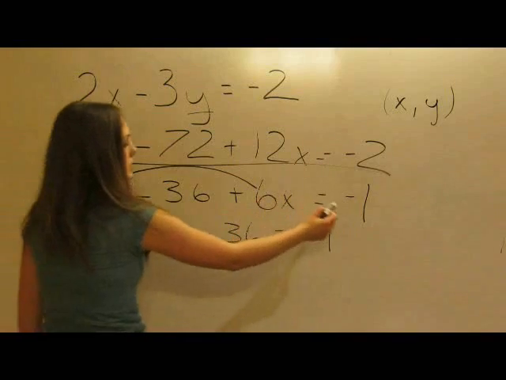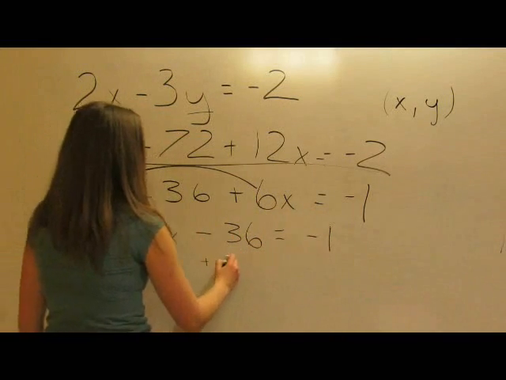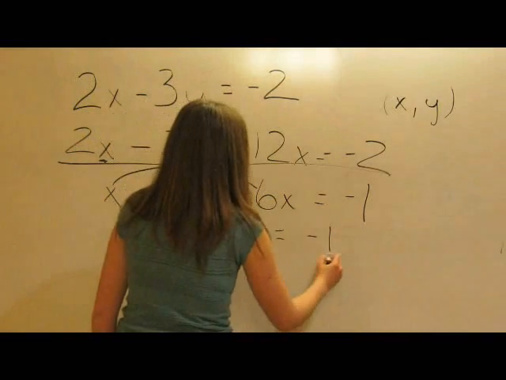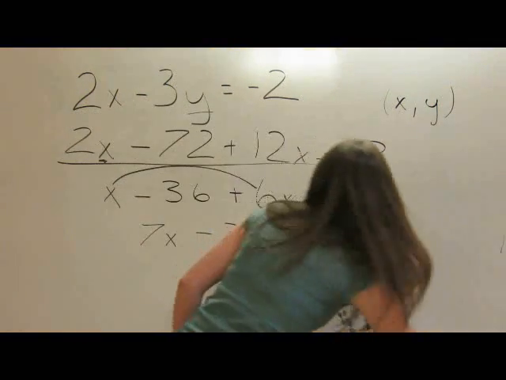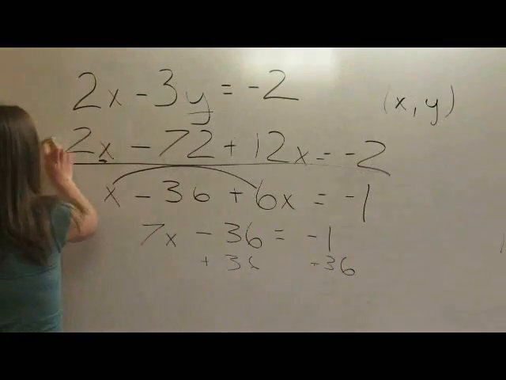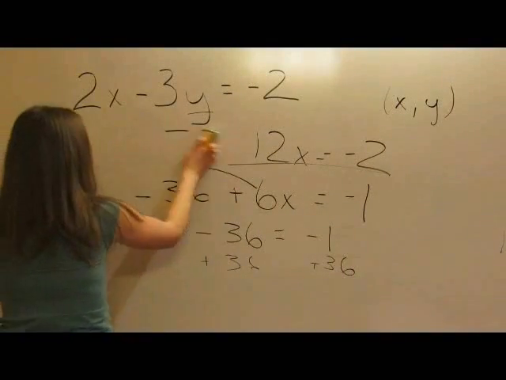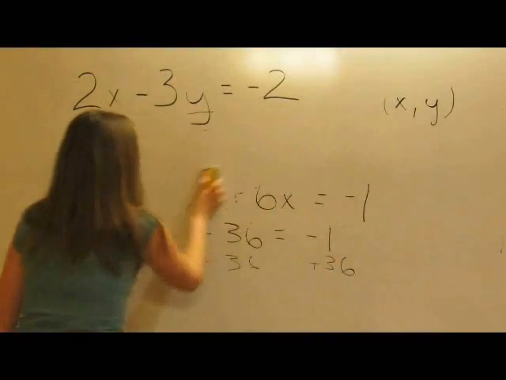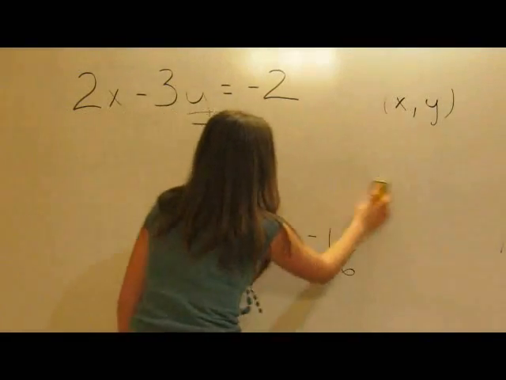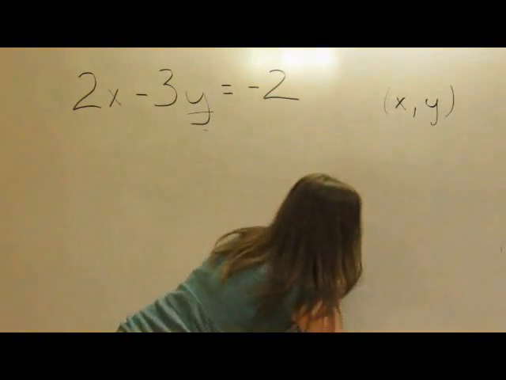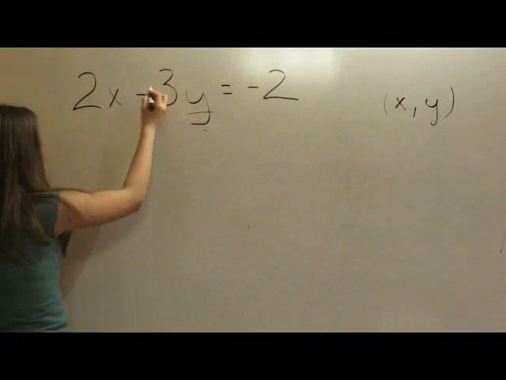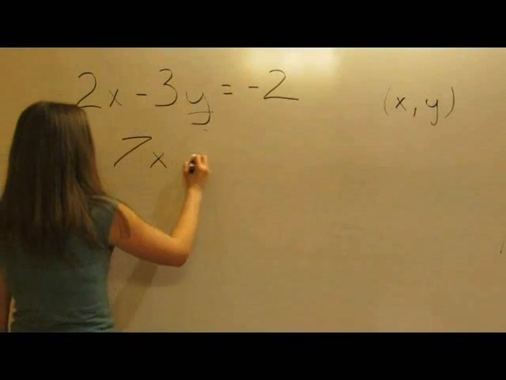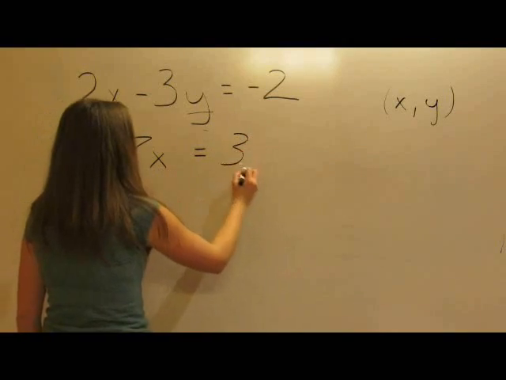Now let's move this 36 over here by adding 36 to both sides. We're running out of space again, so let's erase this and start over. So we added 36 to both sides of the equation so that we could cancel out 36 on the left side. So now we have simplified this down to 7x equals 35.